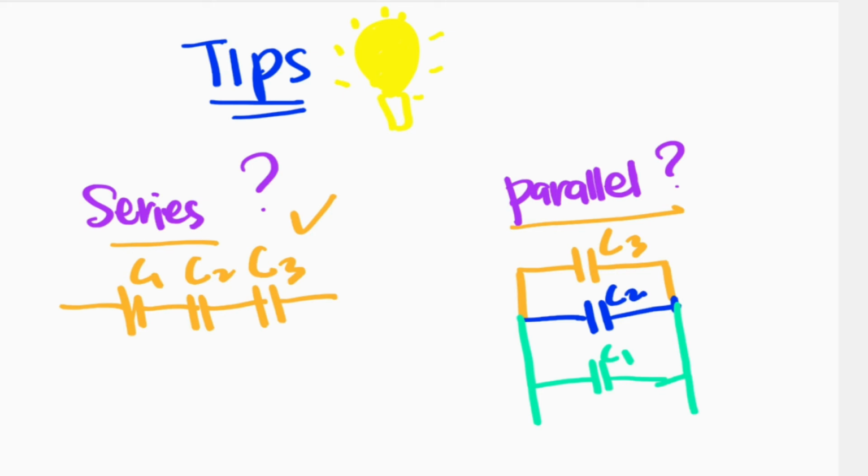So the total charge will split at the junction. So the tip for parallel is another wire, or we can say there is a junction between capacitors.